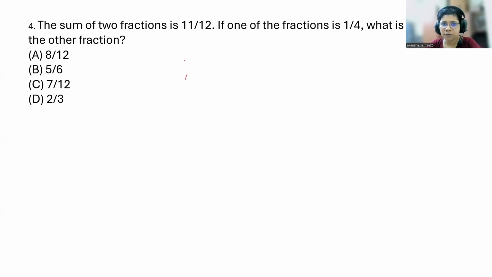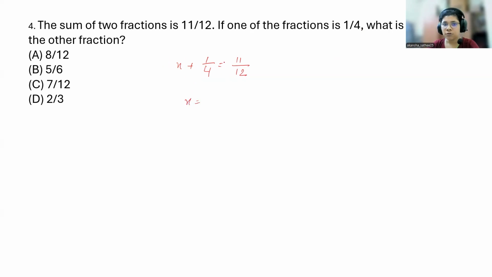Instead of P1 upon Q1, let me write X. So X plus 1 by 4 is equal to 11 by 12. You have to calculate the other one.